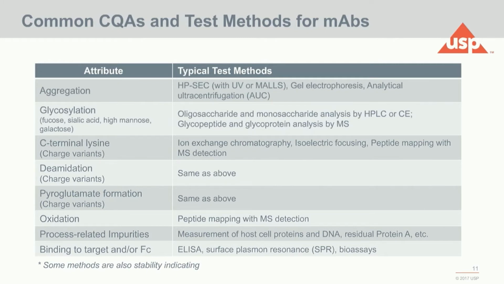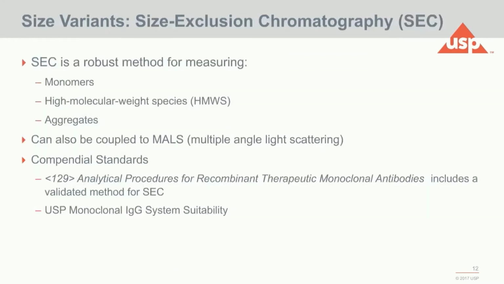So I'll start out with size exclusion chromatography. SEC is a very robust method that allows us to resolve monomers versus higher molecular weight species, which can include dimers, trimers, and larger aggregates. It can also be coupled to multi-angle light scattering to get a size of the particular species.